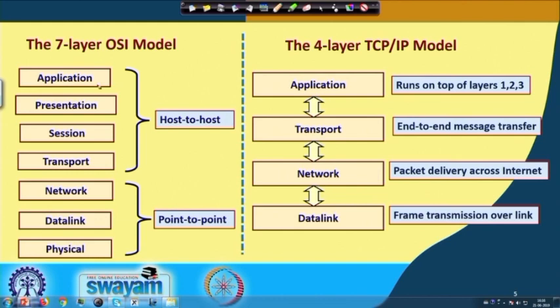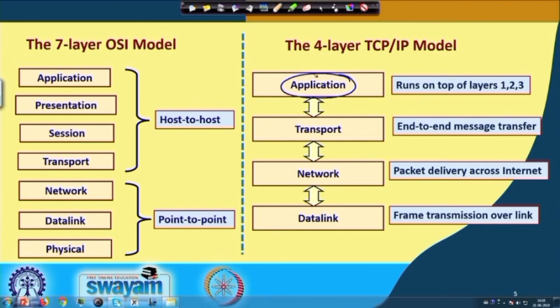In the 7-layer model, as I mentioned, the lower 3 layers are the point to point layers and the upper 4 layers are host to host layers. Now, in the TCP/IP, what they have done, they have simplified that, all the upper 4 host to host layers, they have integrated in a single application layer.